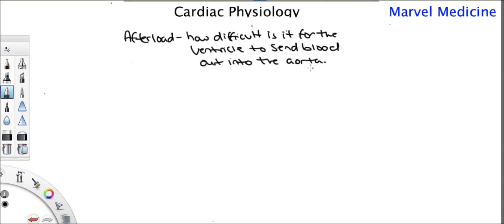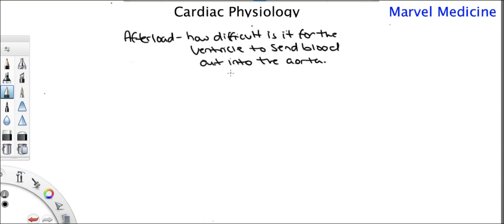That's really what it is. And there are a lot of different definitions for it. You'll see all these different ways of it being described, but really this is the easiest and best way to understand it, because the way they ask you questions on the USMLE, this is how you have to understand it. How difficult is it for the ventricle to send blood out?